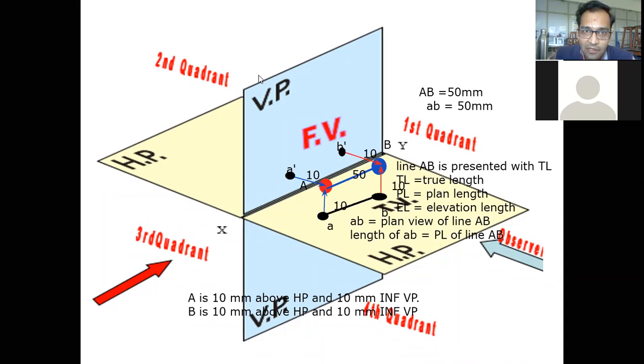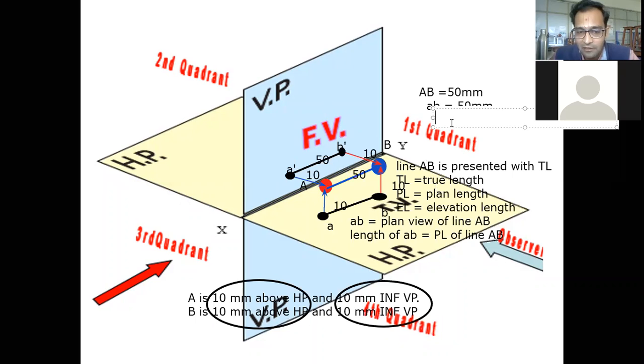And when I join it, it is also going to have length of about 50 mm. Why it is so? Because the distance what we see with reference to horizontal plane and with reference to vertical plane are same. So whatever projection is dropped over here is going to have same length in plan view as well in front view.